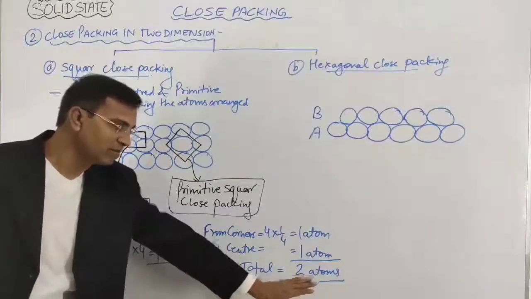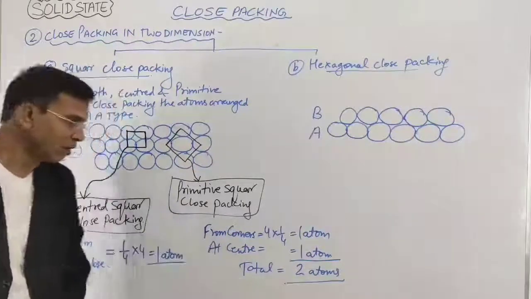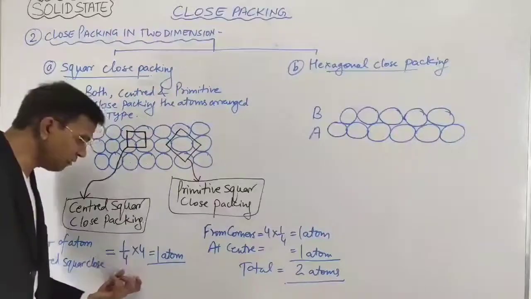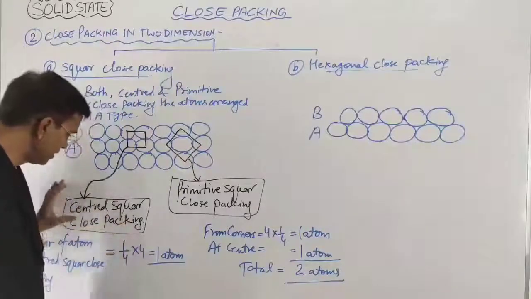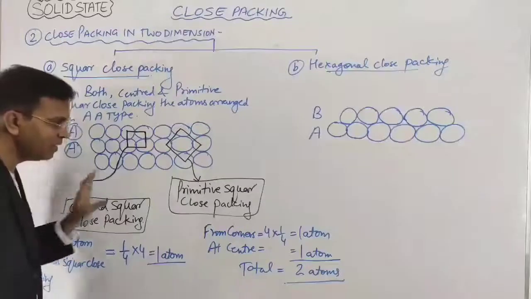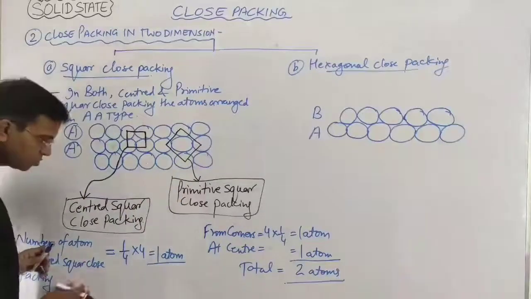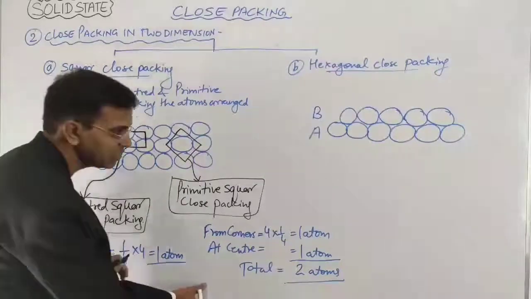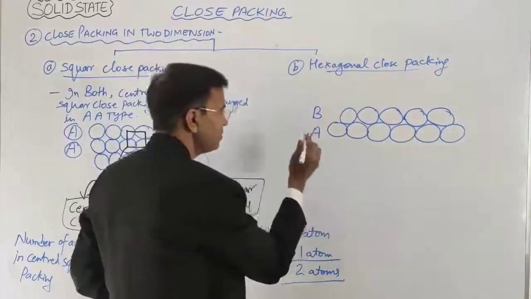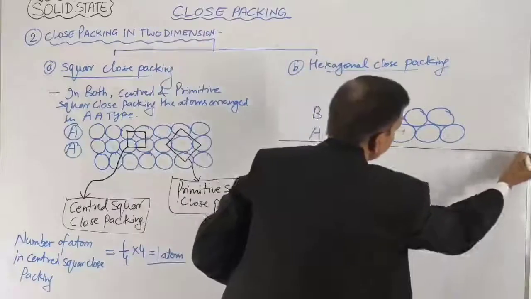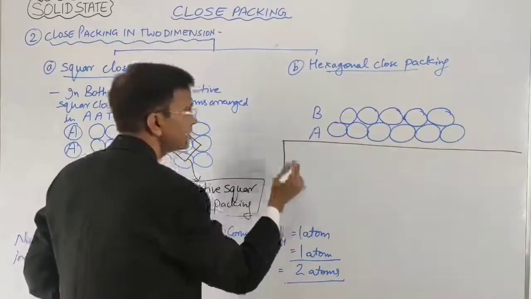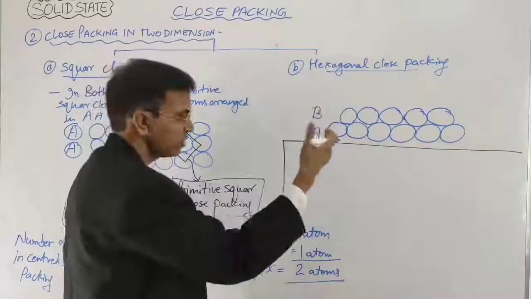2 atoms participate, right? Now surface area of atoms participating in centered square close packing and primitive square close packing. So let me write it here. We will discuss this hexagonal later on, right?